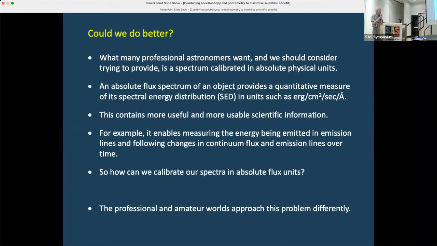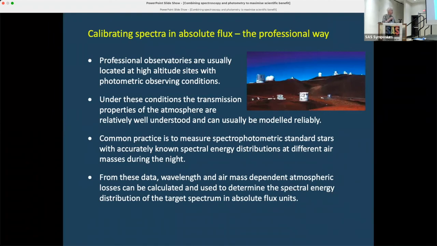So how could we calibrate our spectra in absolute flux units? And at this point, we find that the professional and amateur worlds tend to approach this problem rather differently. Next slide, please. What the professionals do is to take advantage of the fact that their observatories are usually located at high altitude sites with photometric observing conditions.